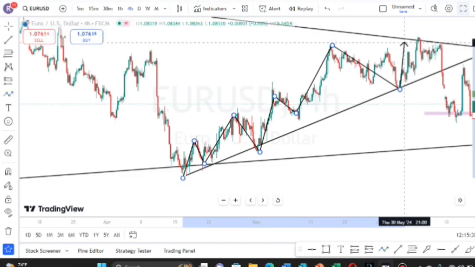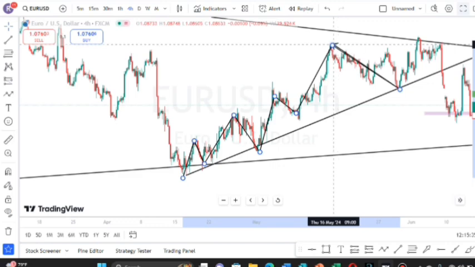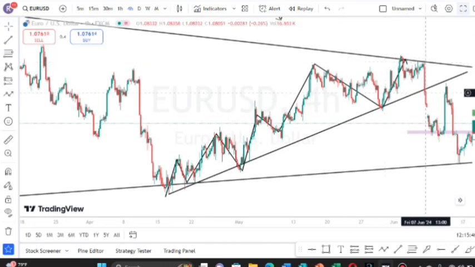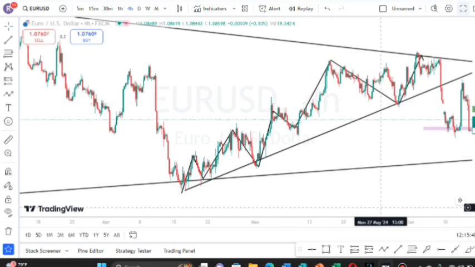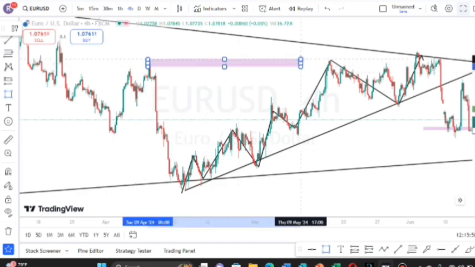But this higher high was like the previous higher high. So in this case the market tended to respect this trend line and push to the downside. Again here we had this important zone, which was a supply zone.